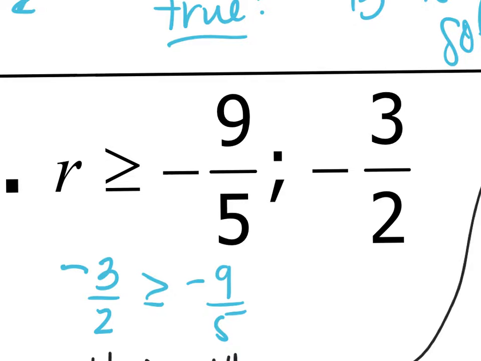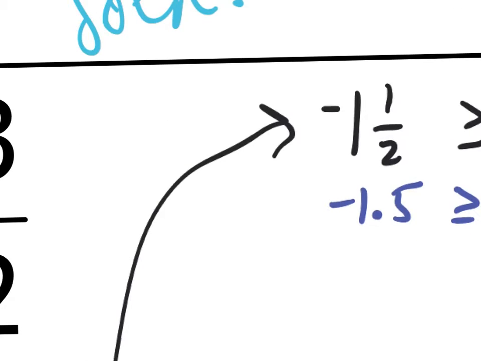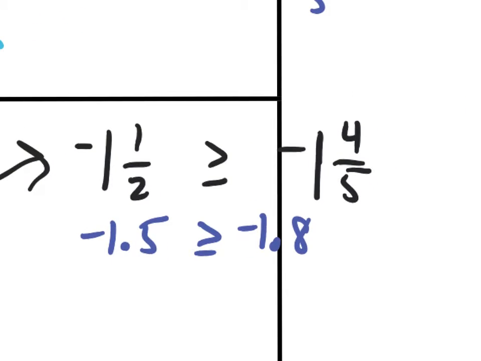I went ahead and changed them into mixed numbers and got negative 1 1/2 is greater than or equal to negative 1 4/5. There's my mixed numbers. I'm like, I think this would be easier to compare if we had them as decimals. So I changed them into decimals. Negative 1 1/2 is the same as negative 1.5. And negative 1 4/5 is the same as negative 1.8.